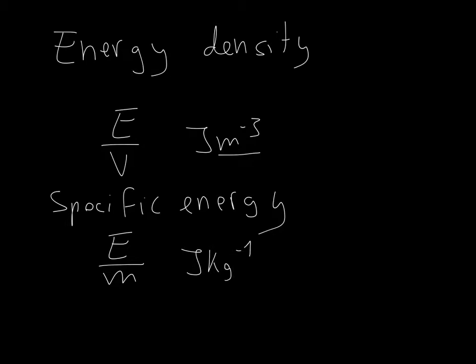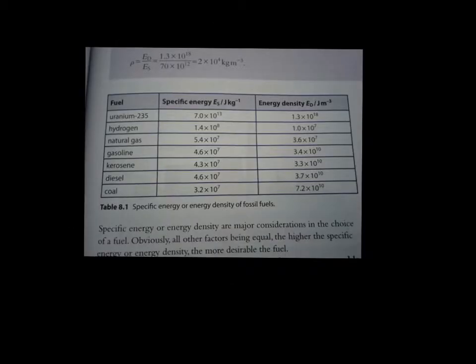Now, just so that you have an idea of how much energy a typical substance contains, I'm going to show you a little table with different energy densities for different materials. So here you can see a table with different energy densities, and just so that you notice, look at uranium, an energy density of 10 to the 18 joules per cubic meter, and compare it to the next best thing, which would be coal.